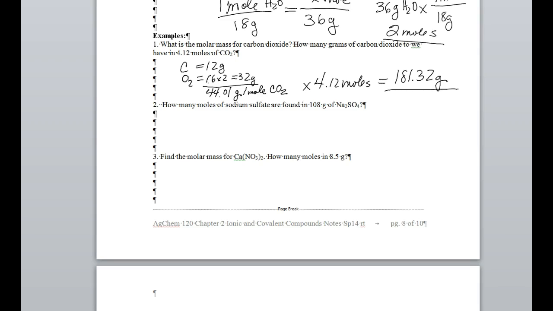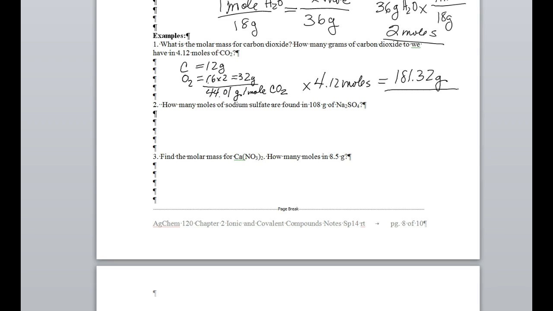So you can do your multiplication: 108 grams of Na2SO4 times 1 mole is 142.05 grams of sodium sulfate.